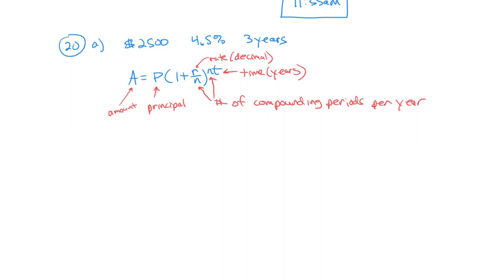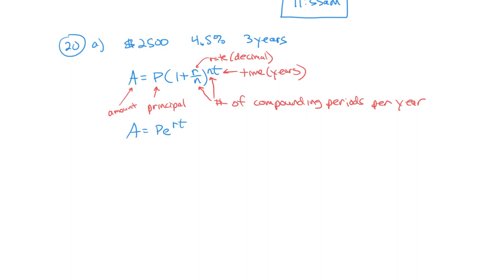So this is what we've got. Now also one of these says compounded continuously. So this is the problem where e comes up. We had mentioned this in class before. As the number of compounding periods per year goes up and up, as it approaches infinity, we get a new formula: the amount is equal to P e to the rt.